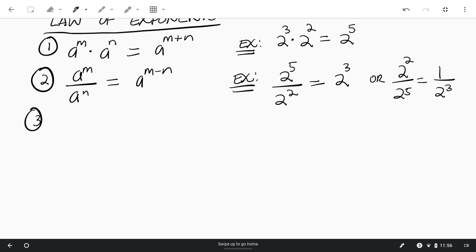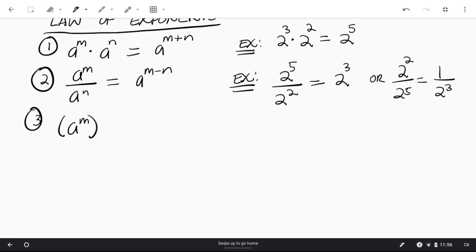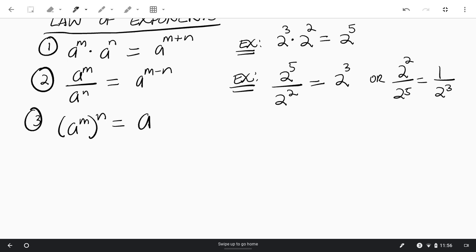We have this third one. If you have an exponent and you have this raised to another exponent, then what do we do with the exponents? Multiply.